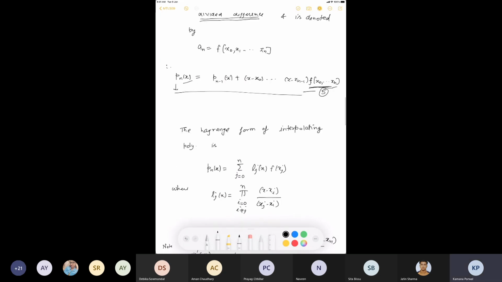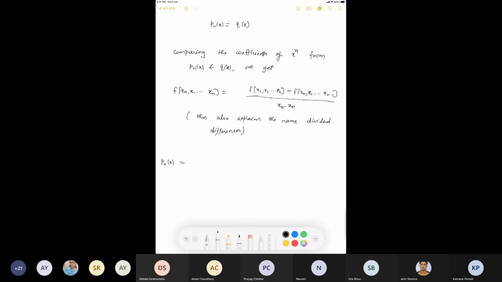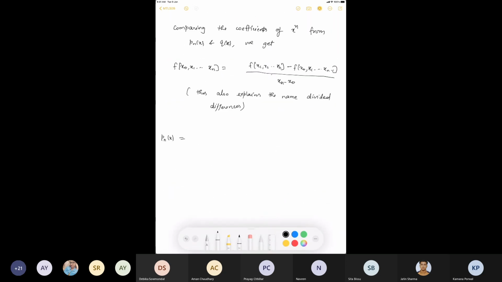From equation 5, we have Pn minus 1 of x plus (x minus x0) up to (x minus xn minus 1) times the nth order divided difference of f at x0.